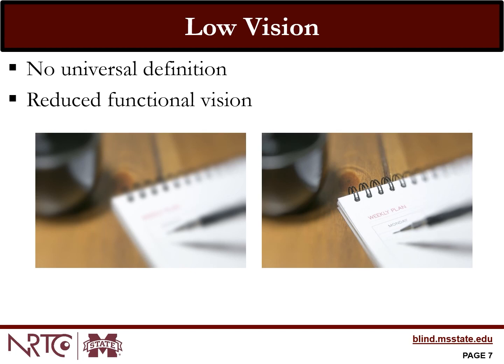Note that acuity levels are usually based on how well a person sees in the better eye with the use of corrective lenses. Visual field loss may also place an individual in this low vision category. The pictures on this slide illustrate how two people can have low vision but see the same images differently. The first image is completely blurry, while the second image is blurry everywhere except at the central point.